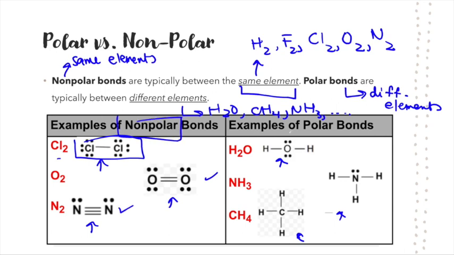And then our polar bonds are water and NH3. With polar bonds, you have the positive and negative ends due to unequal sharing of electrons. Versus a nonpolar bond, where you don't see that because the electrons are all shared equally. So there are some Lewis dot structures: NH3, CH4.